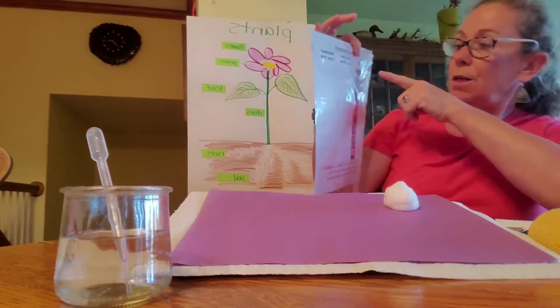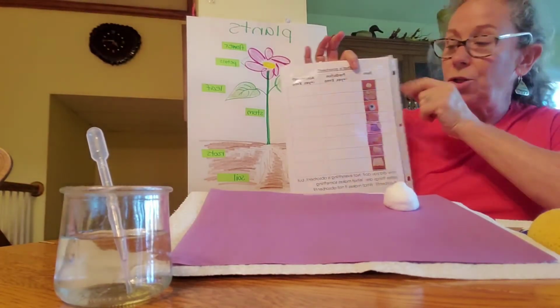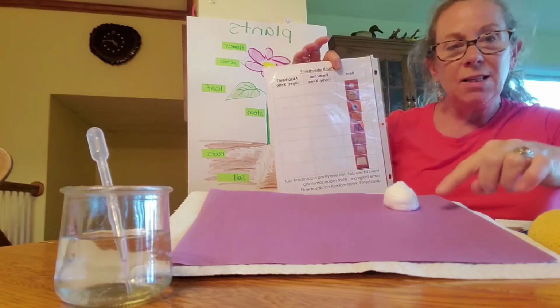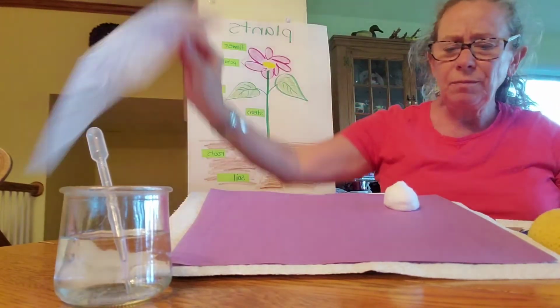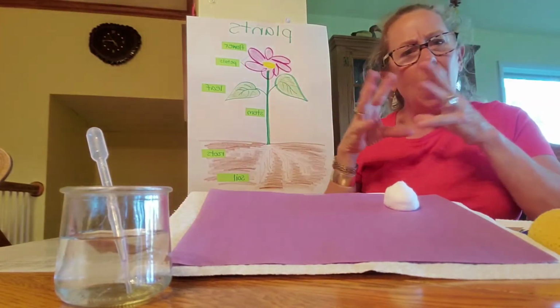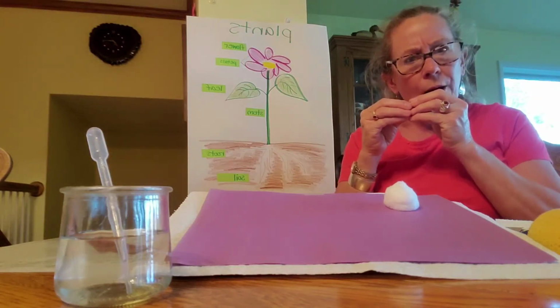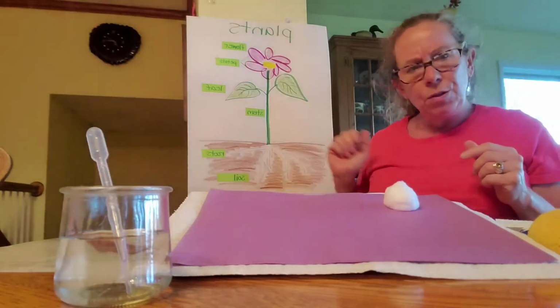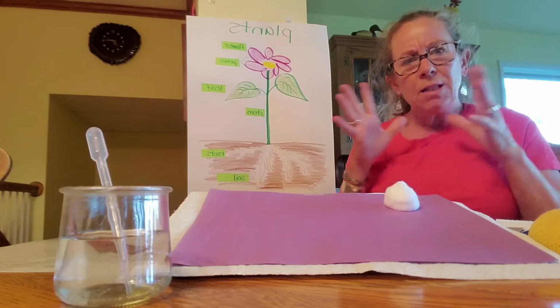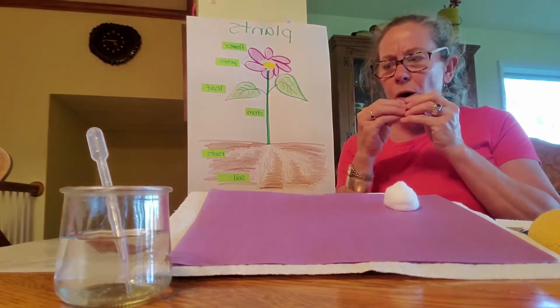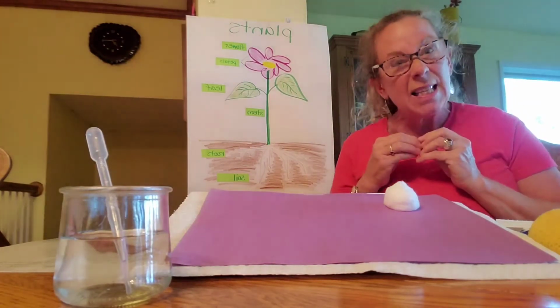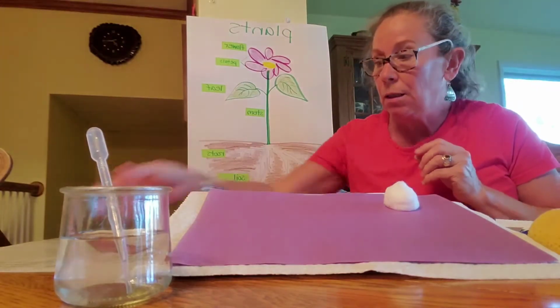All right, Duke Dogs. Since the first item on our recording sheet is the cotton ball, let's start with the cotton ball. Let's see if it will absorb water like we said the roots of the plant do. So if it absorbs water, we say that it's absorbent.